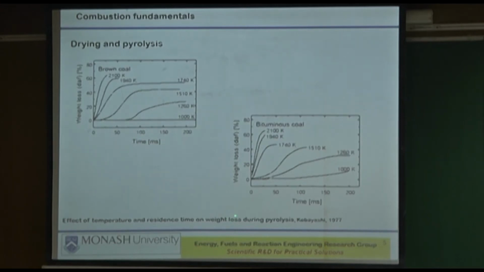So if you look at these ones, say this is 1940 Kelvin, at 25 milliseconds they have roughly 50% loss. Here in this particular case, at 25 it is slightly more than 50%, perhaps 55% loss.